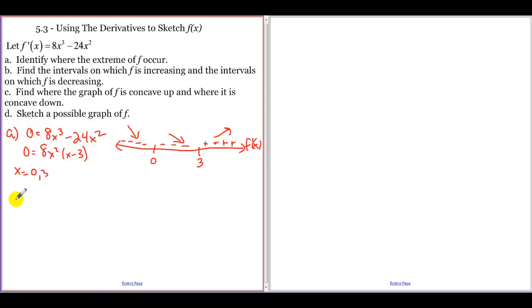So identify where extrema occur. At 3, we go from decreasing to increasing, so that's going to be a min.